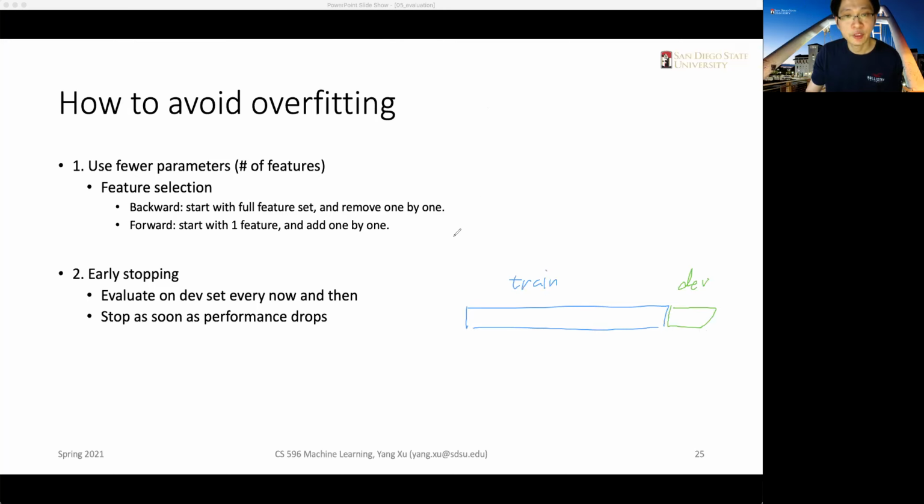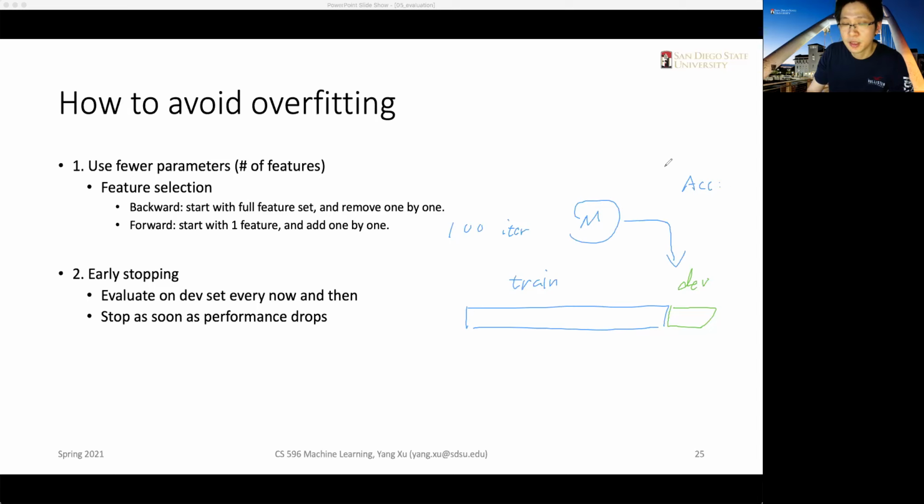So for example, every 100 iterations, we're training a model M, right? Every 100 iterations, we take the model M, apply it to the dev set, and report the performance, for example, accuracy.